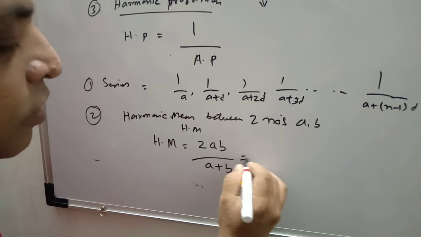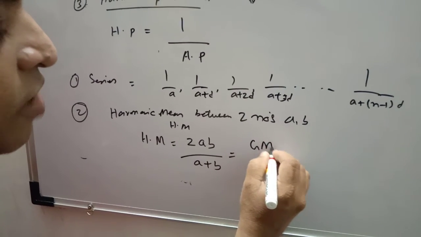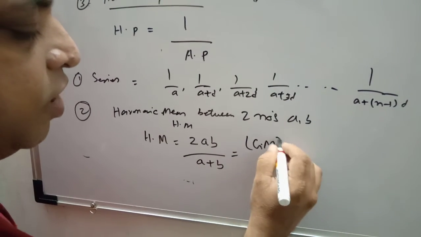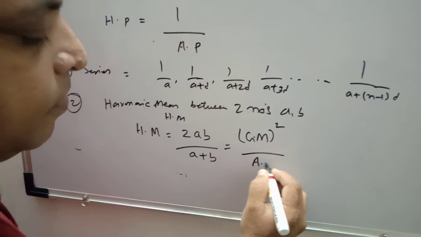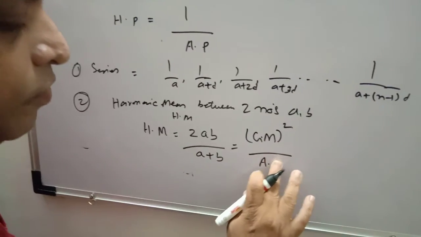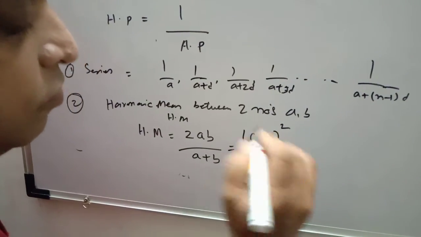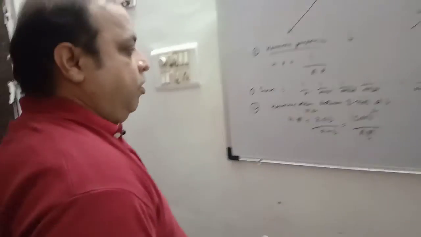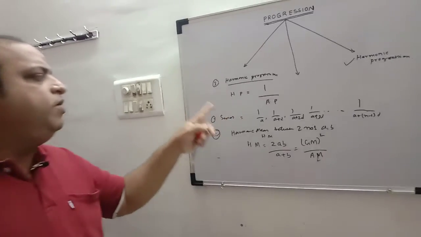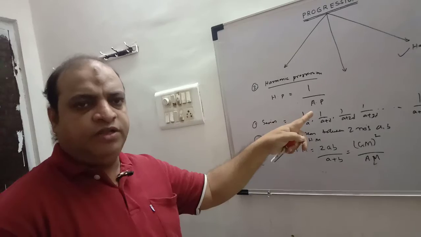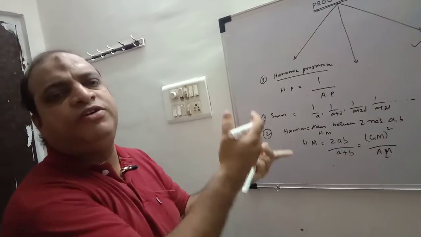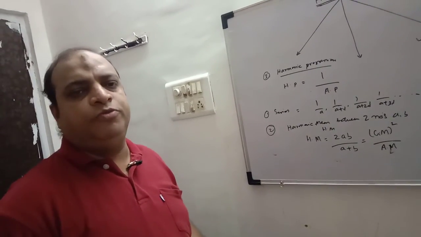This is the formula. Or else you can write GM squared divided by AM, sorry, AM. For any problem related to harmonic progression, we have to apply all the formulas related to AP, that is arithmetic progression, and then we have to reverse it. We will get the harmonic progression.